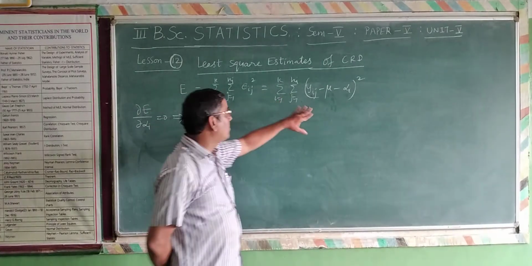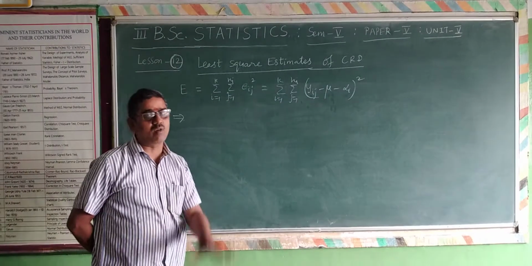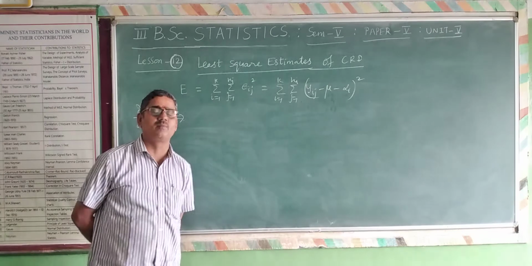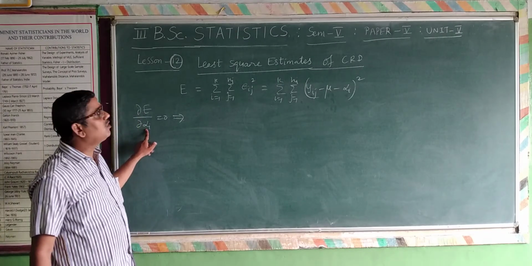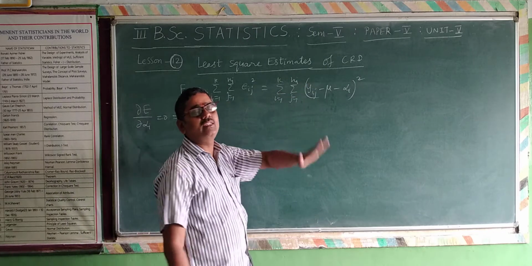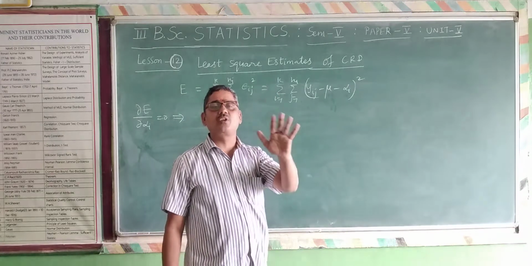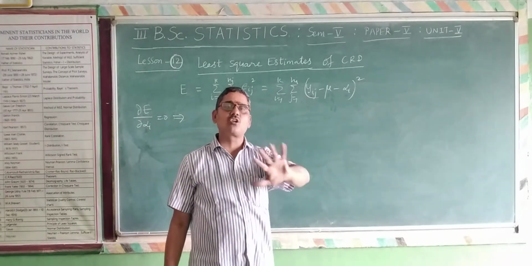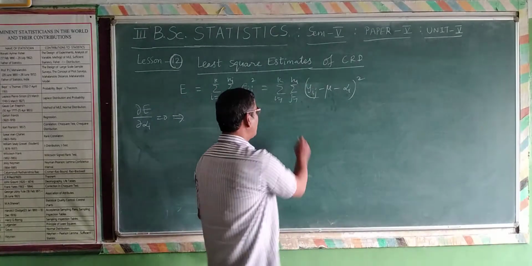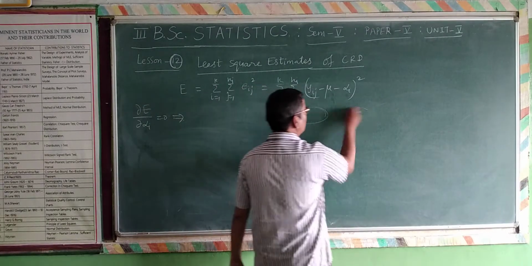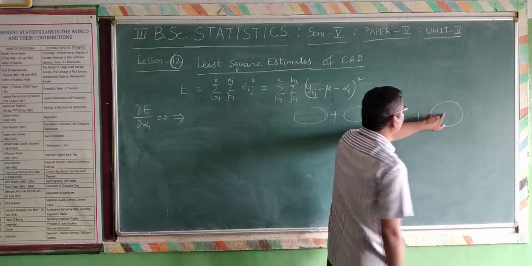We have expanded the summation i equals 1 to k, as I explained in the one-way classification or two-way classification. Whenever the differentiation depends on alpha_i, you have to expand i equals 1 to k or whatever it is. The summation with respect to i equals 1 to k, all the terms are to be expanded. First i equals 1, a particular term you will have. i equals 2, another term, plus and so on, the ith term. This is going to be differentiated.